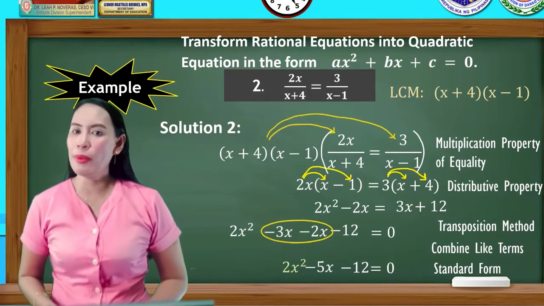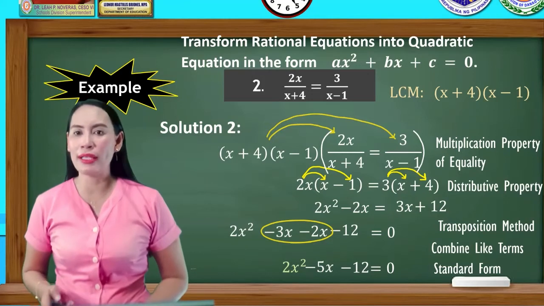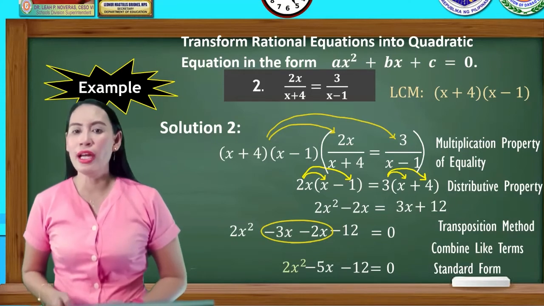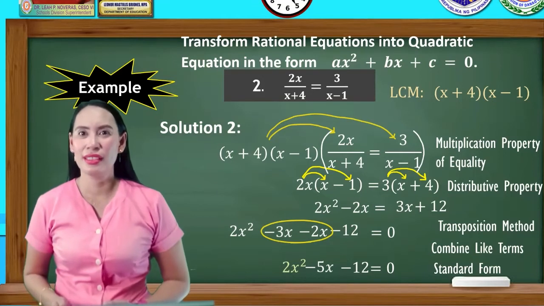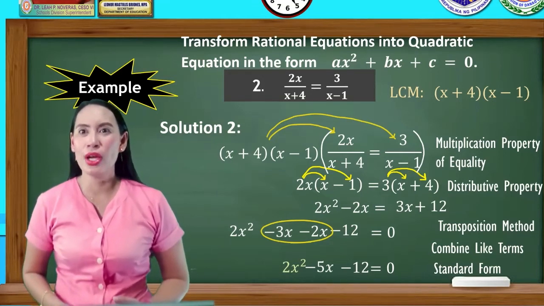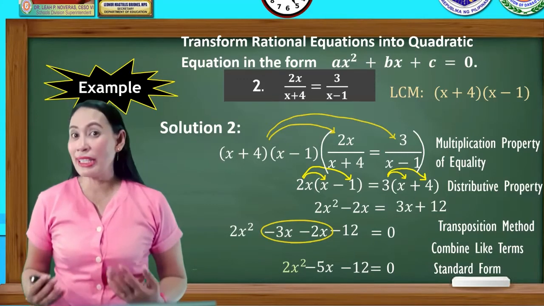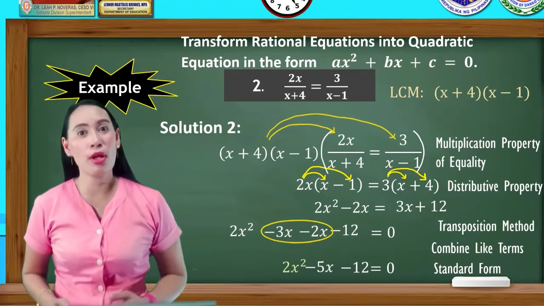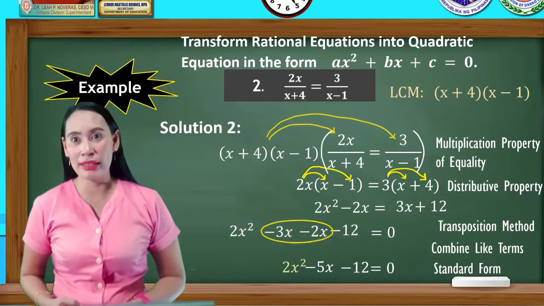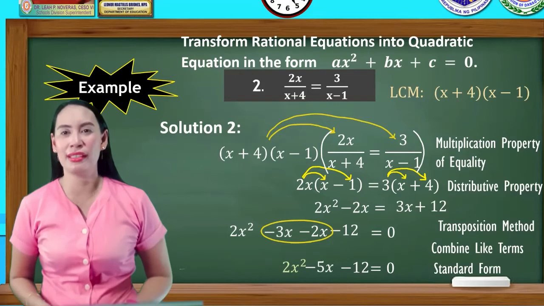So, the standard form of 2x over (x plus 4) equals 3 over (x minus 1) is 2x squared minus 5x minus 12 equals 0. So, based on the two solutions, we come up with the same answer. Therefore, in transforming equations like equation number 2, we can use the multiplication property of equality, or the cross multiplication property.